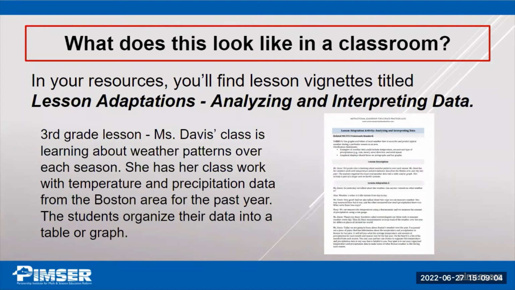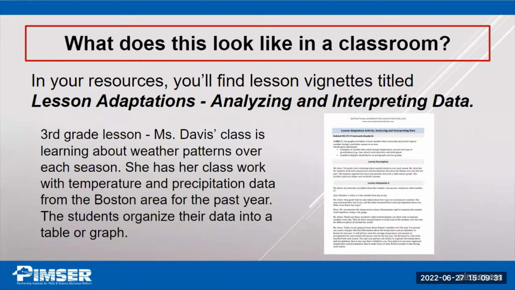And now for my favorite part, seeing how beefing up the use of the practices can be done in a lesson. We're going to look at a sample lesson played out at 4 levels of complexity in vignettes that are labeled A, B, C, and D. In your resources, please find the lesson adaptation for analyzing and interpreting data.